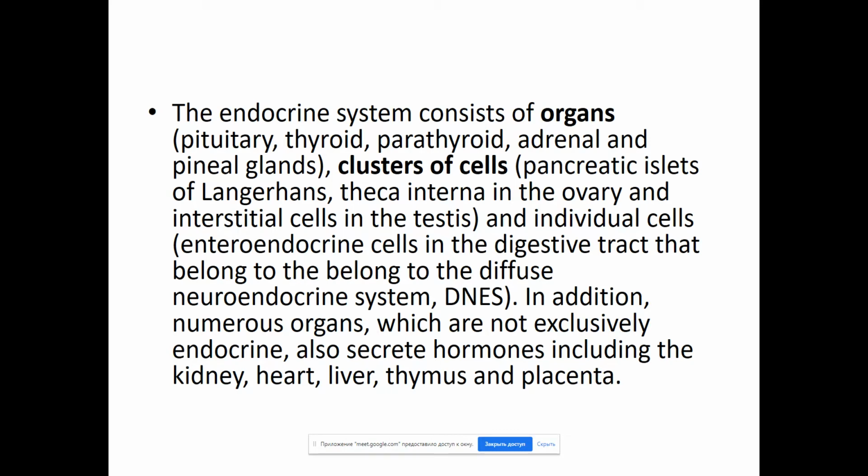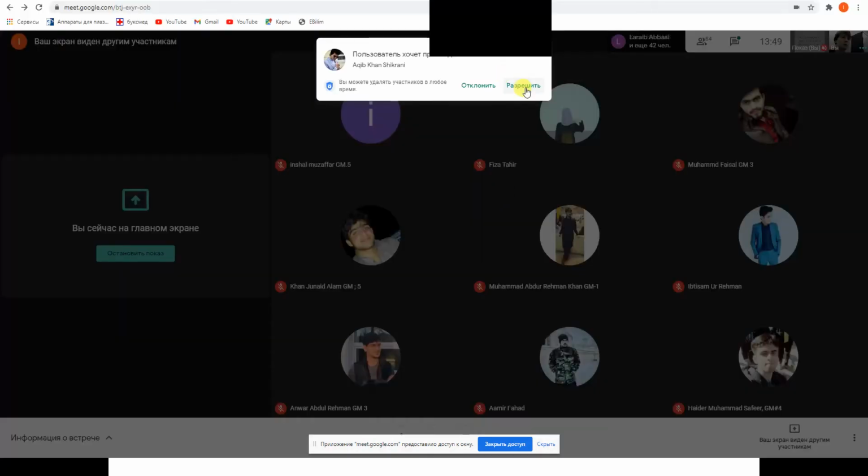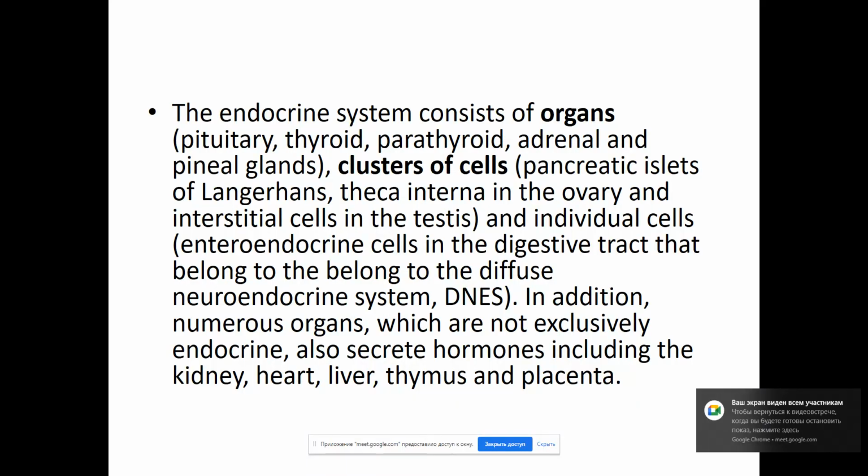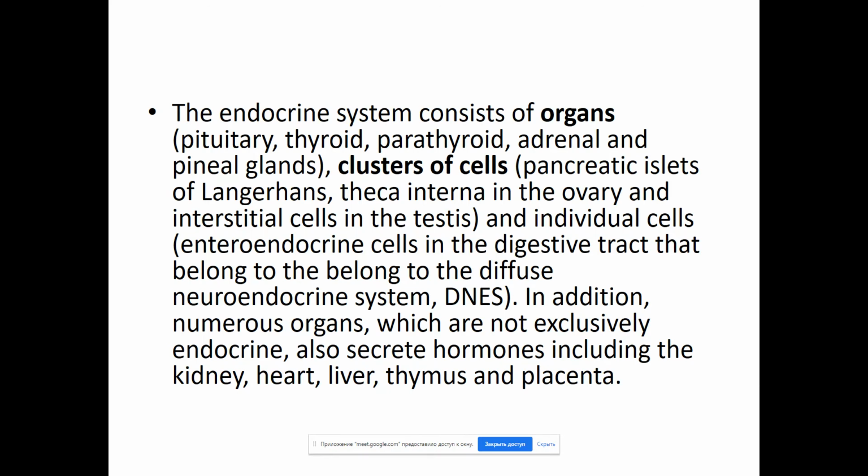Theca interna of the ovary, which produces estrogen, and progesterone in case of yellow body formation. And testes which produce testosterone, and individual cells like enteroendocrine cells of the digestive tract, which produce just localized action.